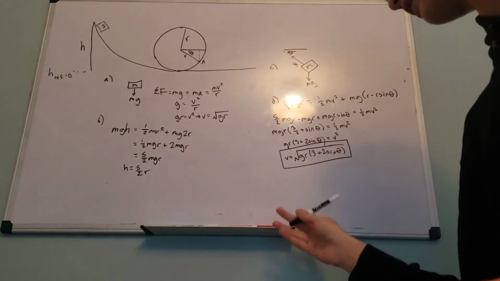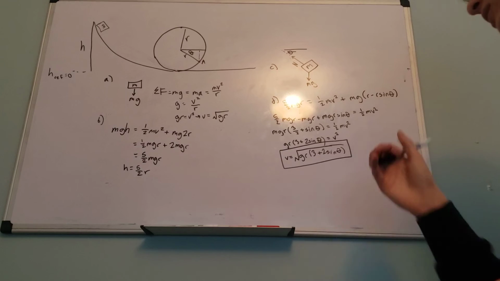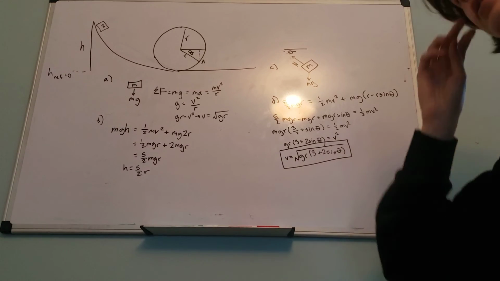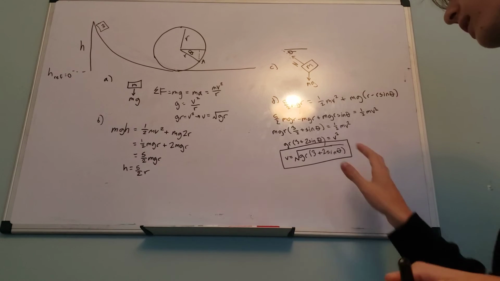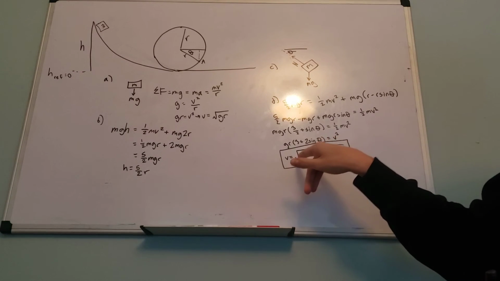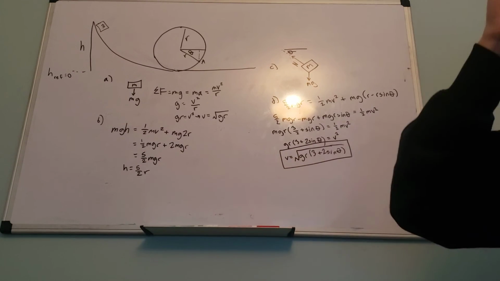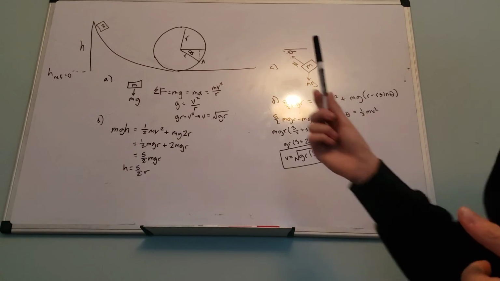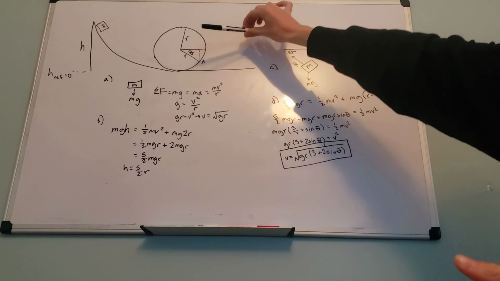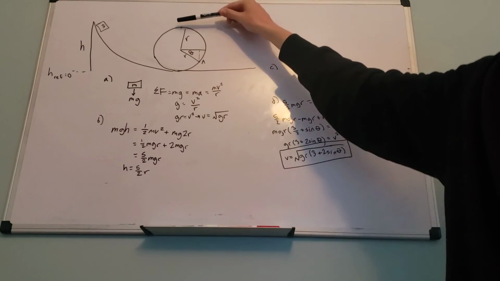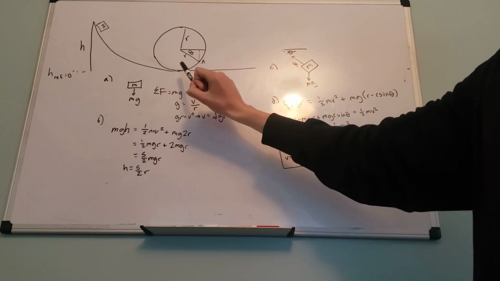One way we can check that is that this should work for all theta. Let's take some of our limits. If theta is equal to 0, 2 sine theta is 0, so that comes out to 3gr. That makes sense because it's definitely greater than the speed at the very top, but less than the speed at the bottom.